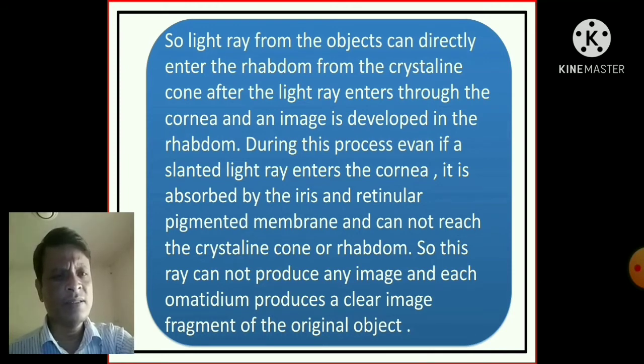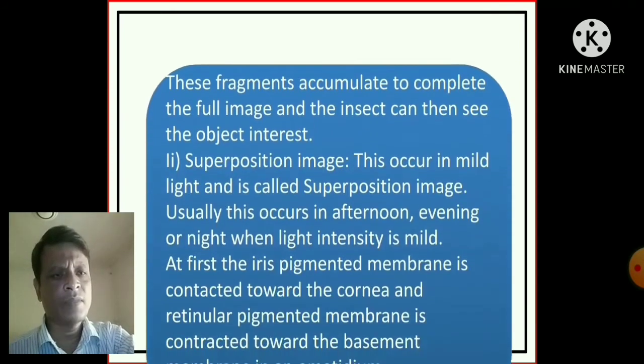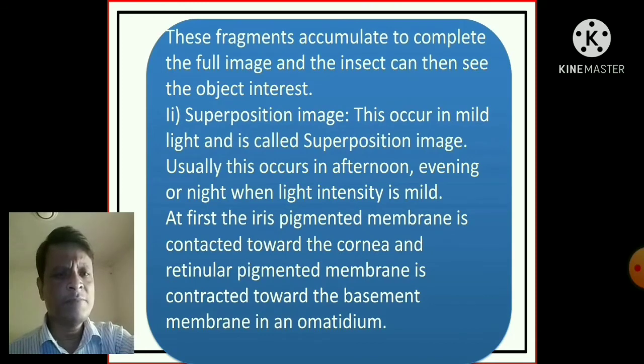During this process, even if a slanted light enters the cornea, it is absorbed by the iris and reticular pigmented membranes and cannot reach the crystalline cone or rhabdom. So this ray cannot produce any image, and each ommatidium produces a clear image fragment of the original object. These fragments accumulate to complete the full image, and the insect can then see the object of interest.